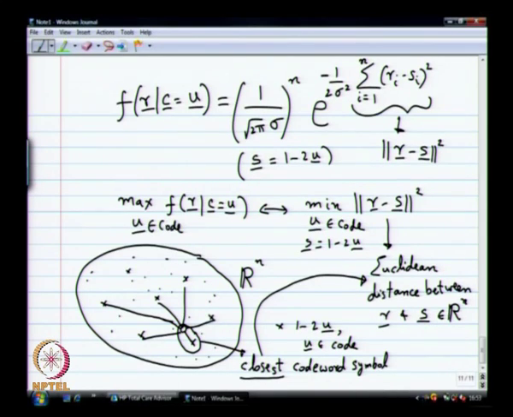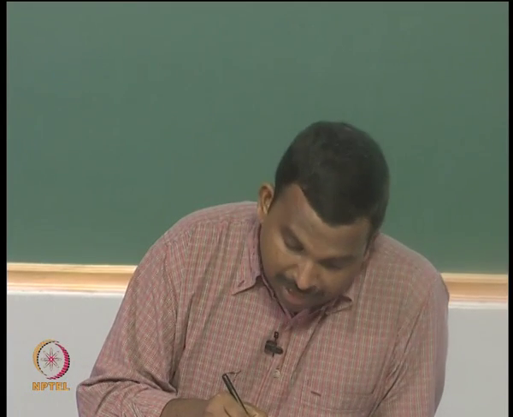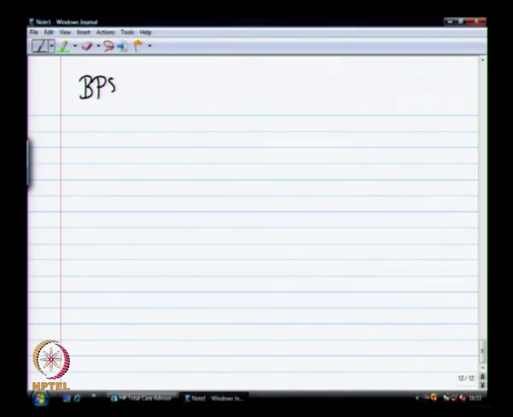For BPSK you can do a further simplification. So far BPSK did not play a big role, like I said. If you assume BPSK, let us look at the summation i equals 1 to n of (Ri minus Si) squared.